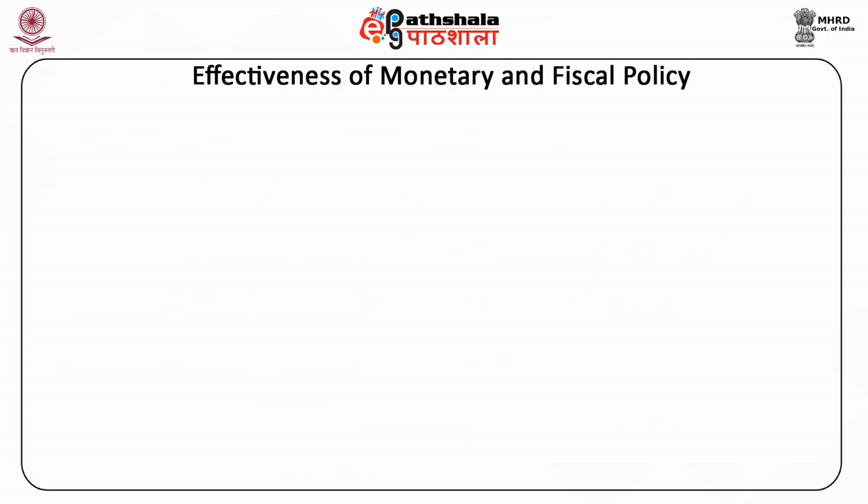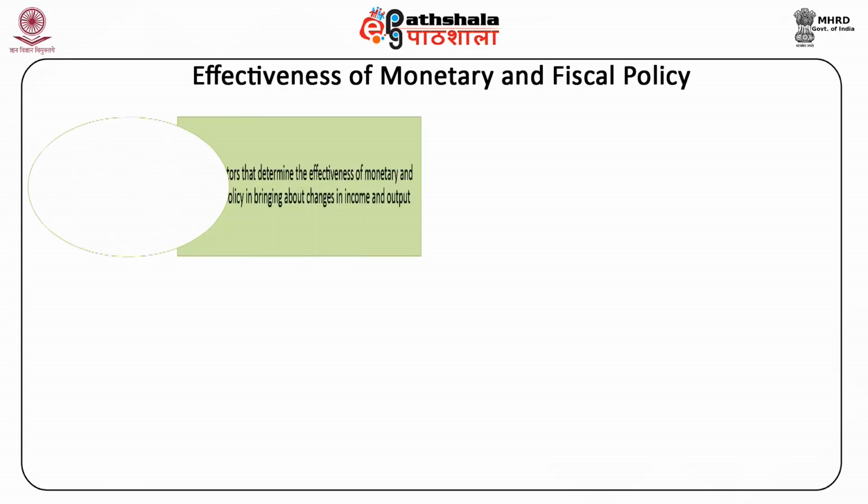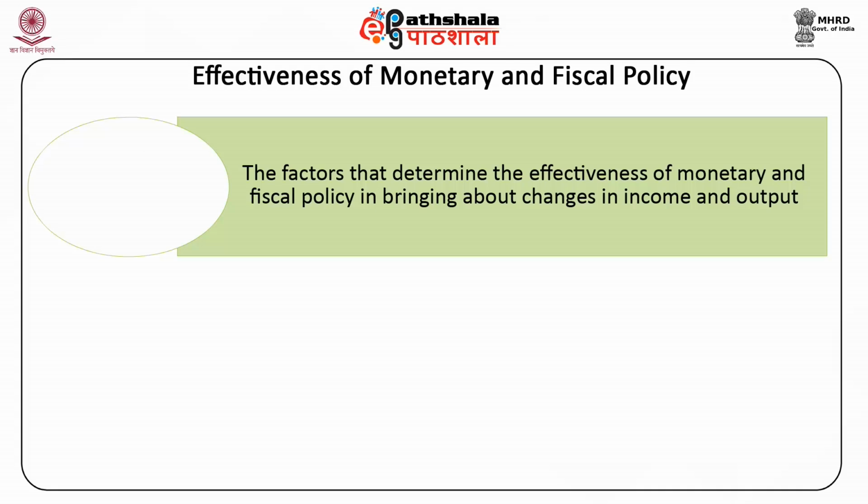Let us now move over to look at the effectiveness of monetary and fiscal policy. We will now discuss some of the factors that determine the effectiveness of monetary and fiscal policy in bringing about changes in income and output.